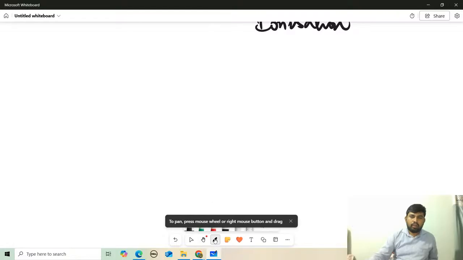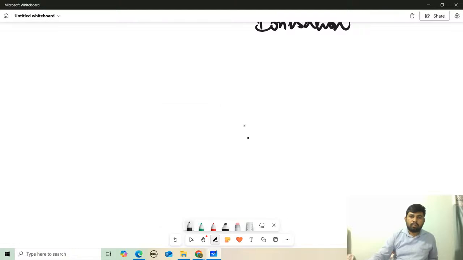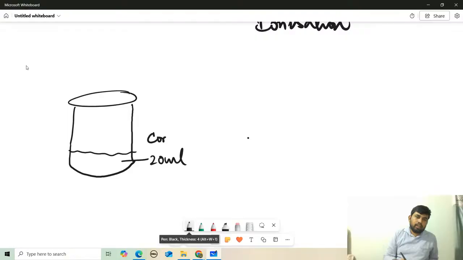Next, we consider this in terms of the number of ions per unit volume. Suppose this is a beaker, and here I took around 20 ml of concentrated HCl.